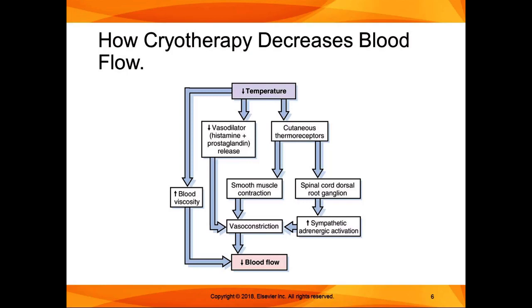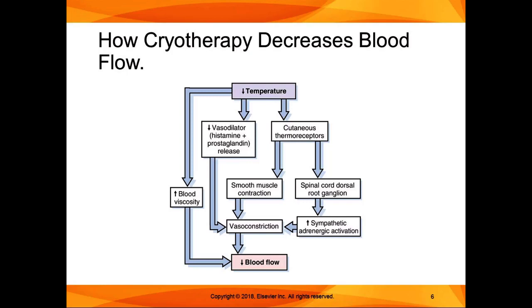It stimulates cutaneous thermoreceptors, and it increases sympathetic activation that causes vasoconstriction, which decreases blood flow, and the decreased temperature also increases blood viscosity, which decreases blood flow. And the smooth muscle contraction contributes to the vasoconstriction as well. So lots of factors with cryotherapy, and you thought it was just an ice pack. But no, there's a lot of factors going on that help decrease blood flow.